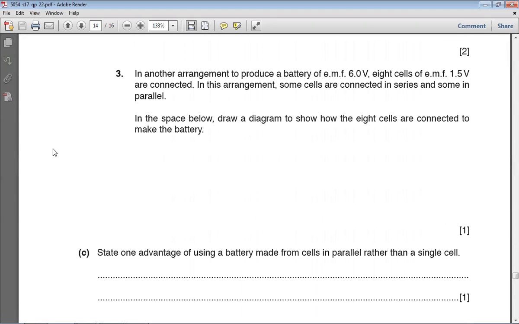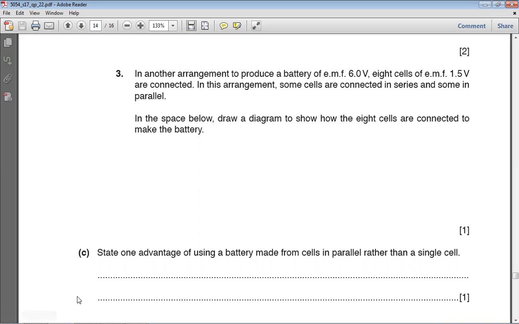Then he says, in another arrangement to produce a battery of EMF 6 volt, 8 cells of EMF 1.5 volt are connected. Some cells are connected in series and some in parallel. In the space below, draw a diagram to show how the 8 cells are connected to make the battery.